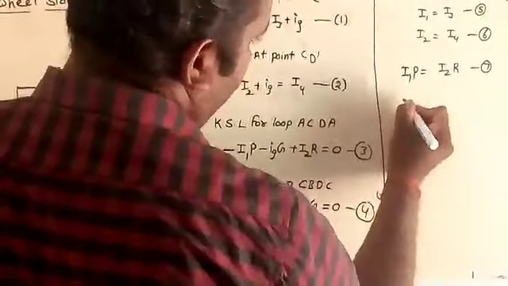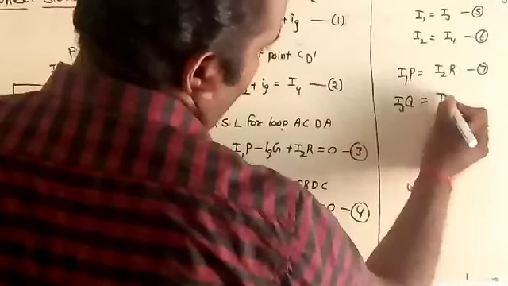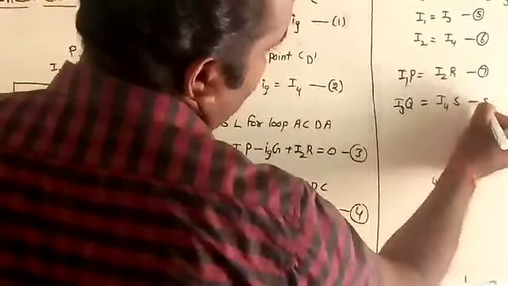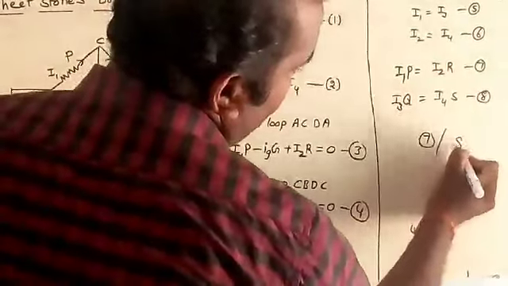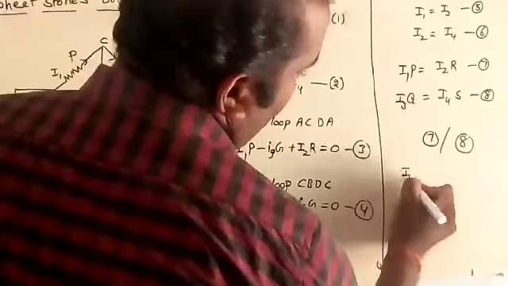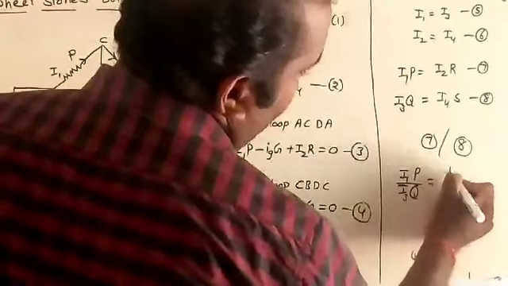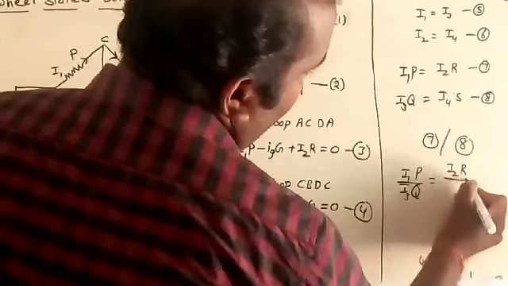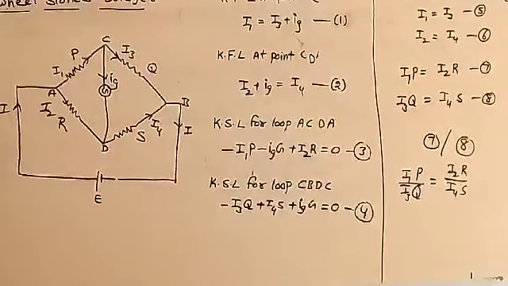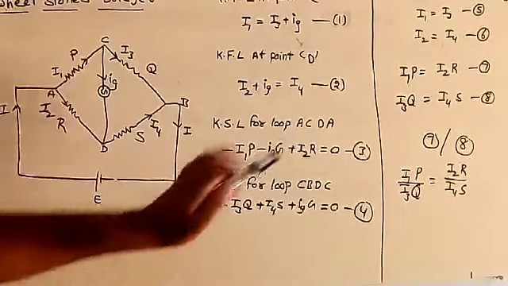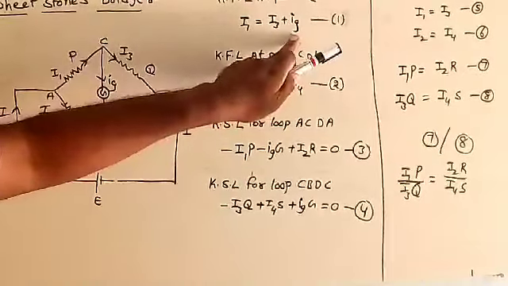And similarly I3Q is equal to I4S, this is 8. Then later you divide equation 7 by 8: I1P by I3Q is equal to I2R by I4S. See the derivation.